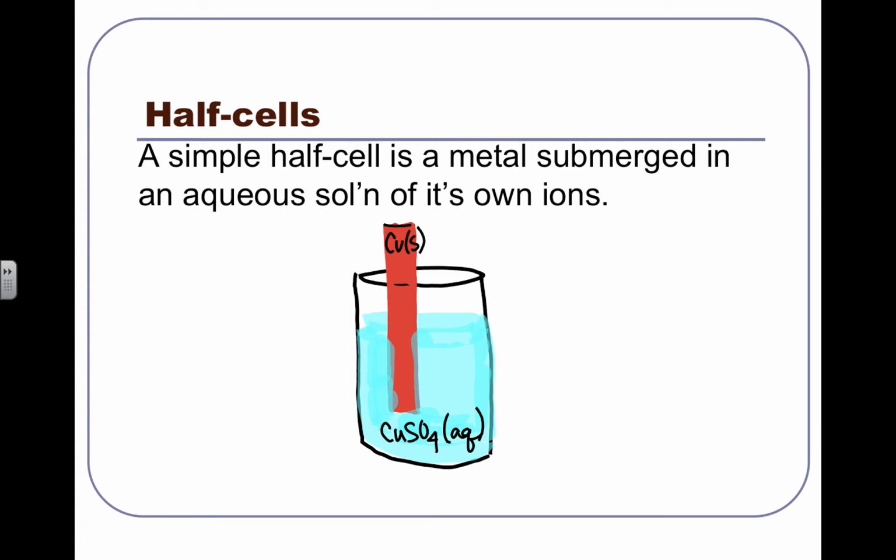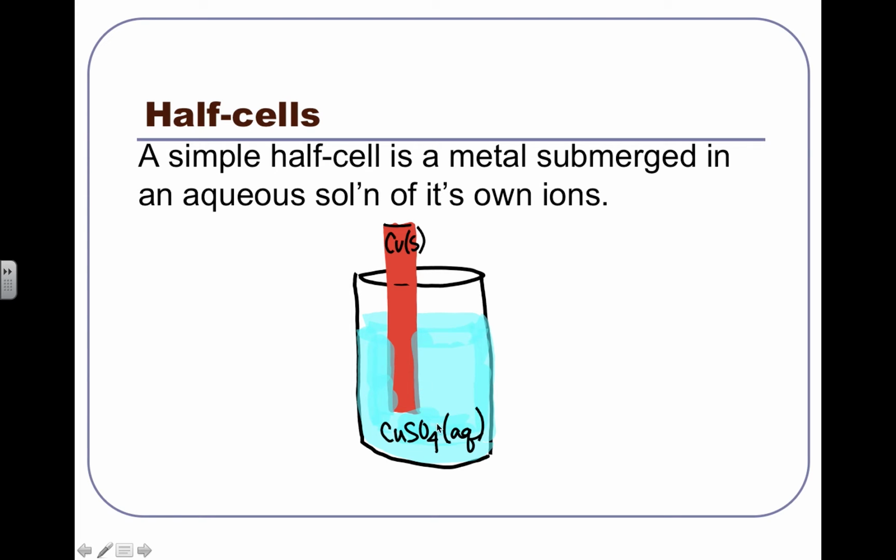So a half cell is where the half reaction occurs. And it's usually a piece of solid metal submerged in an aqueous solution of its own ions. Now, every now and then you'll see something that has an inert electrode, say, like graphite. So something that's a conductor, and this will be your electrode submerged in an aqueous solution.